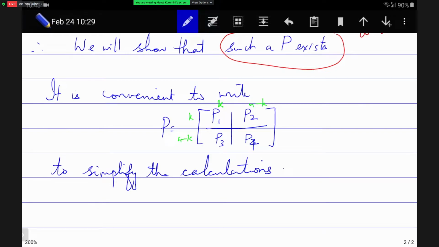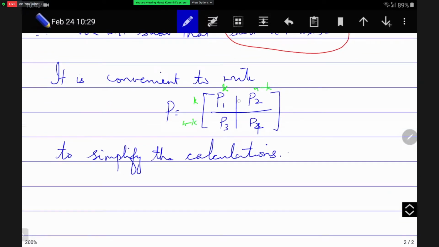For calculations, it is convenient to do it this way.